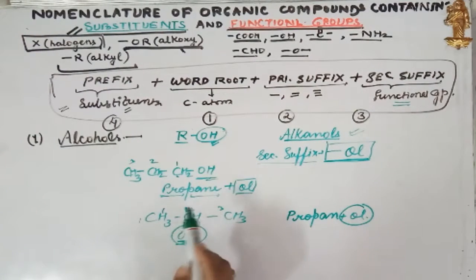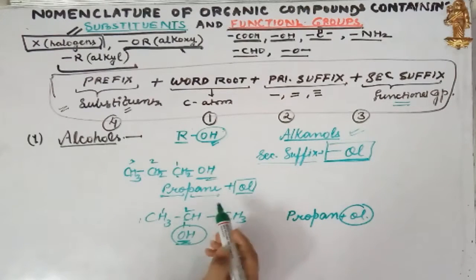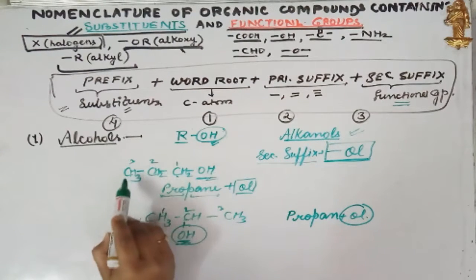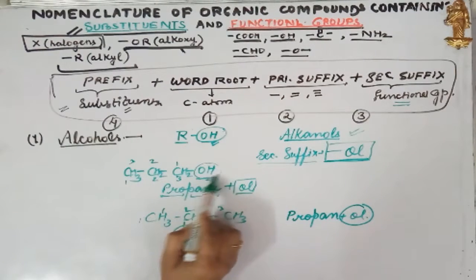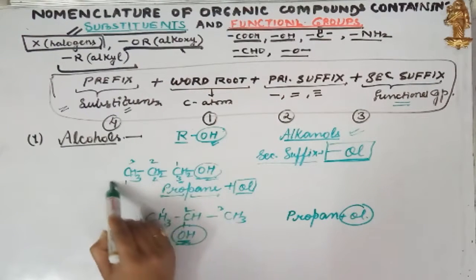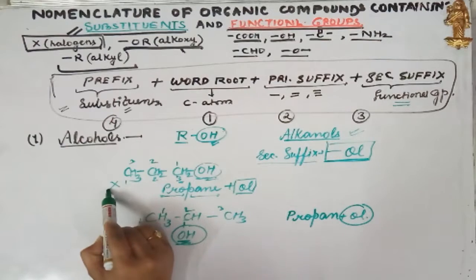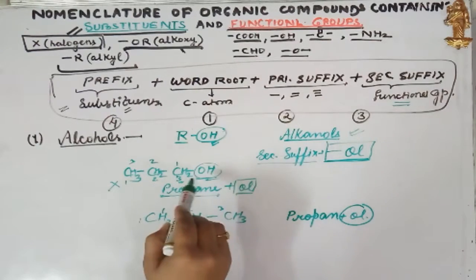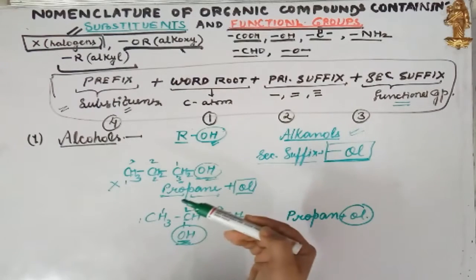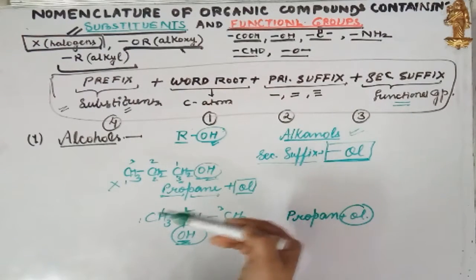Numbering of the chain will be done in such a manner that you give the smallest number to your functional group. So if I start naming the compound that way, 1, 2, 3, my OH will come at the third position. So I will not number the chain in such a manner that the alcohol gets the third position. This alcohol is a functional group and it is like a guest in our compound.